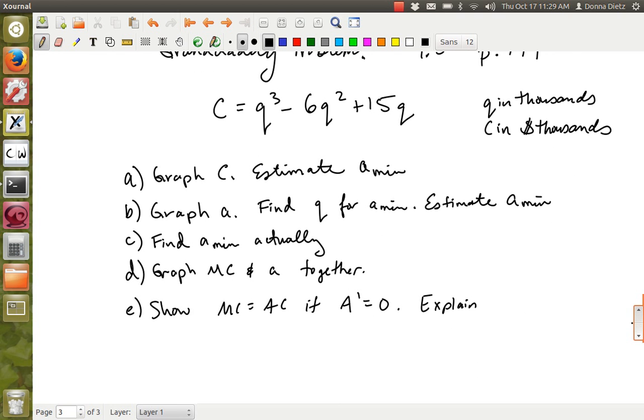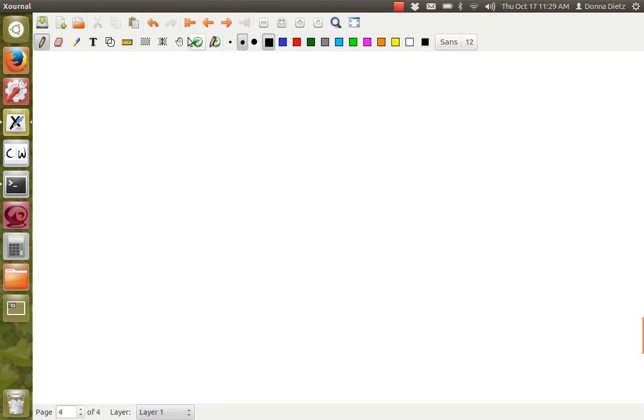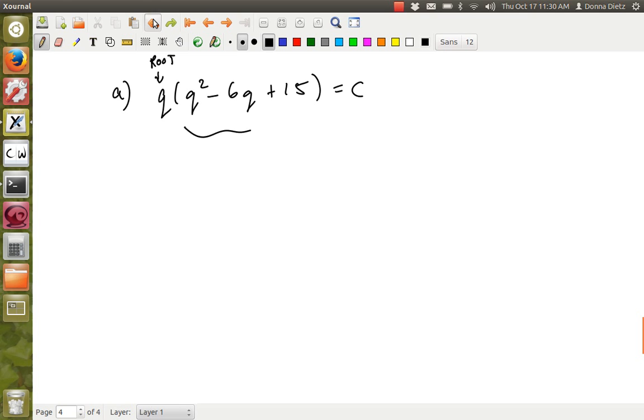So the first thing you might want to do is, for part A, if you factor out a q, you will see q squared minus 6q plus 15. That is C. And so you see there's a root here. Okay, but we don't know about this other stuff, and we attempt to factor it and we fail, and we try to use the quadratic formula.